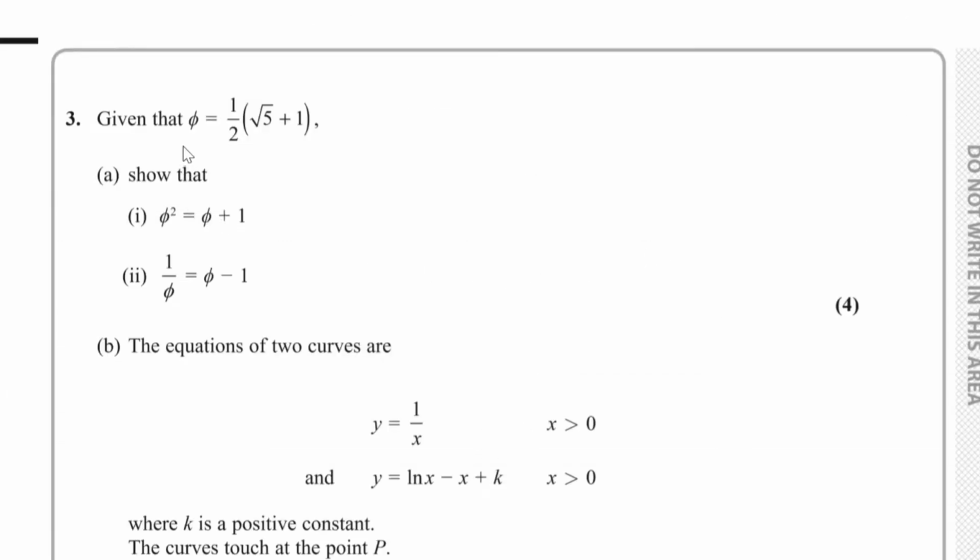Question number 3. We are given that phi is equal to 1/2 times root 5 plus 1. And for part A we have to show that for the first part, phi squared is equal to phi plus 1.